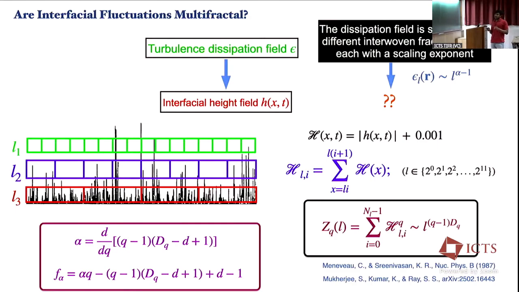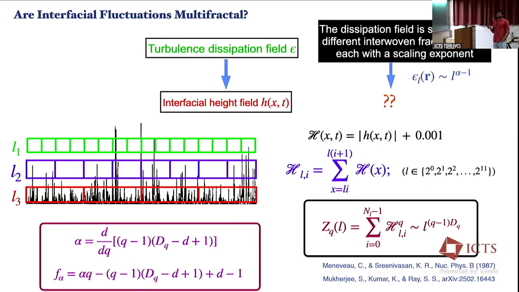Kolmogorov predicted that the dissipation will happen on 3D structures which are uniform. But later, wind tunnel experiments and numerical simulations found that these are not exactly 3-dimensional structures; rather, they are fractal subsets embedded in 3D, and each of those fractal subsets can be associated with a scaling exponent alpha. This alpha is for the dissipation field.